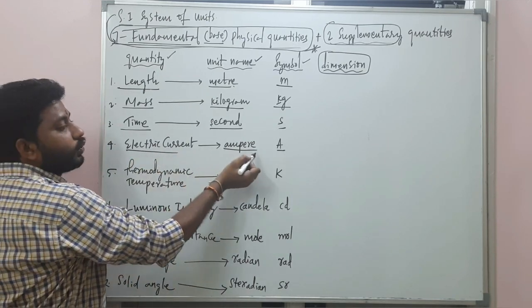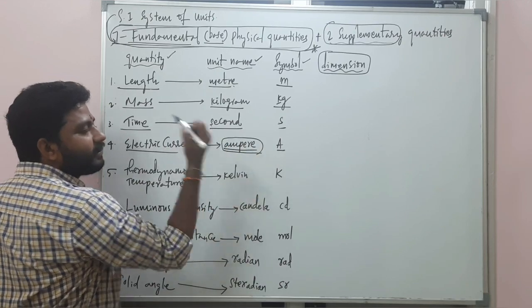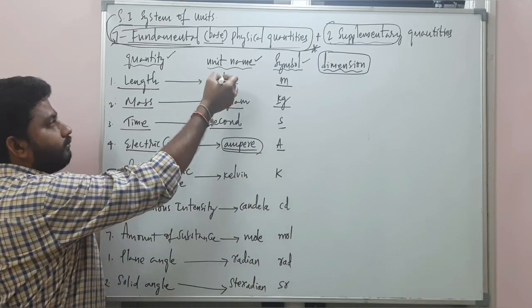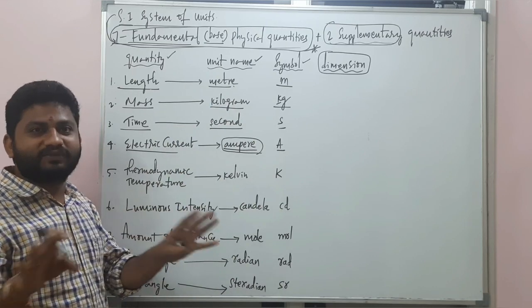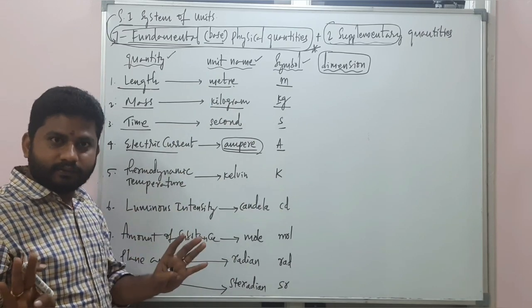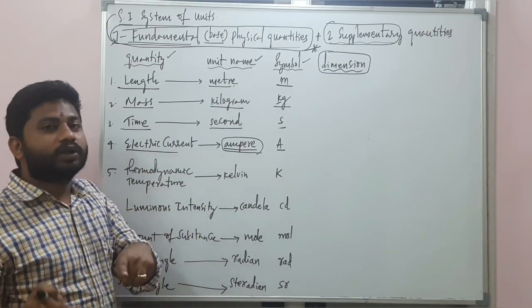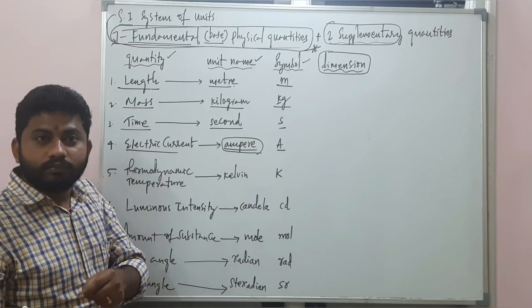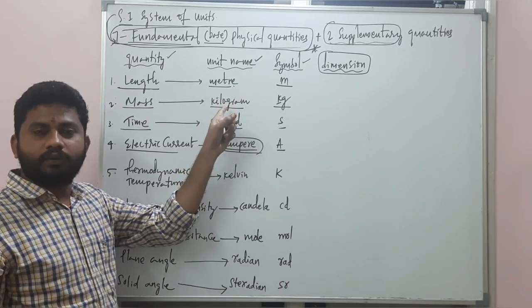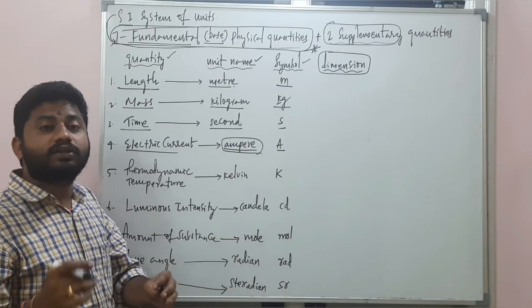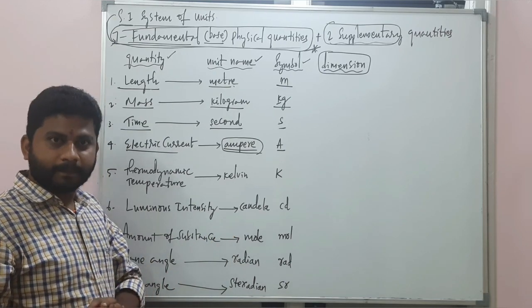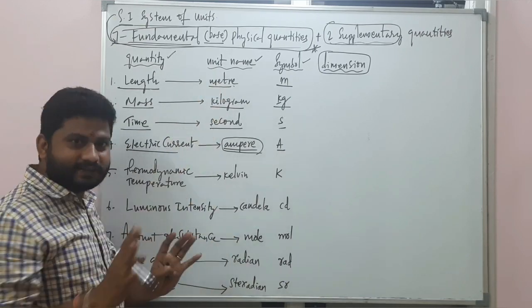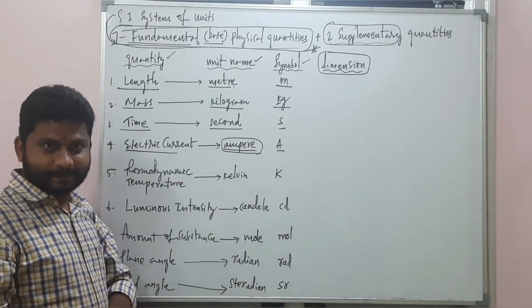Electric current, the unit name is the name of a scientist. Yes or no? See, meter, kilogram, second are not the names of scientists. If anybody watching this class has the name meter or kilogram or second, you just message me on WhatsApp. These are not the names of scientists, but ampere is the name of a scientist.